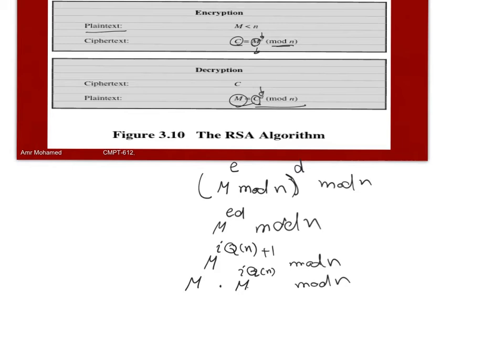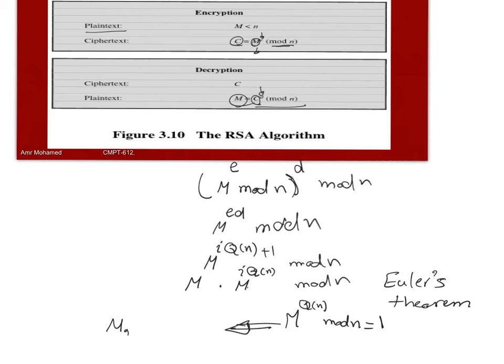Euler's theorem says that any number m to the exponent of the totient of n, mod n, is 1 if and only if the greatest common divisor of m and n is 1, that is, if they are relatively prime.